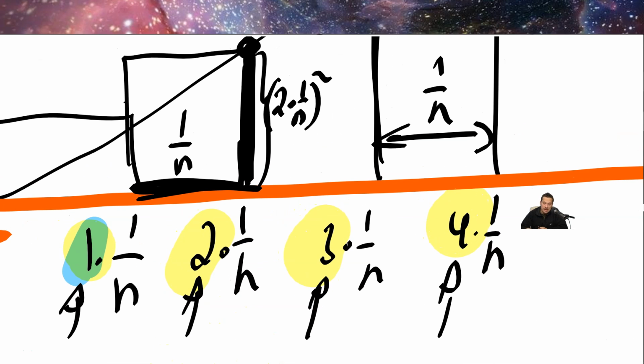So if n is 1,000,000, then the width of each rectangle is 1/1,000,000th. It's super tiny. So as n goes towards positive infinity, 1 over n shrinks to 0, okay?